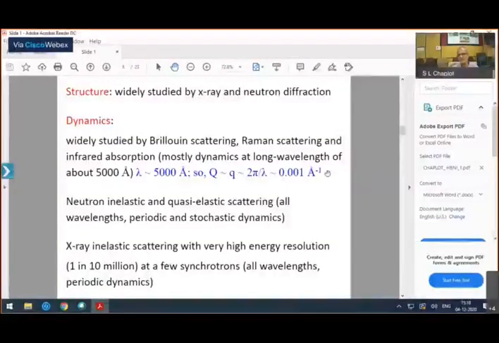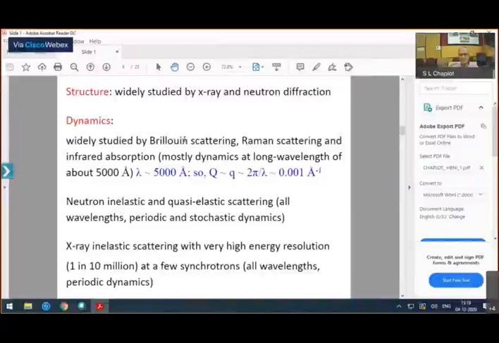You can see that this number is extremely small compared to the size of a Brillouin zone, which means we are close to the Brillouin zone center. All kinds of dynamics that occur at a very long wavelength of 5,000 angstroms, or at a wave vector close to the Brillouin zone center, are much more efficiently studied using the optical techniques.